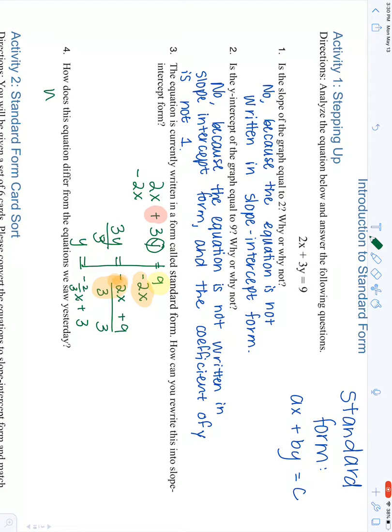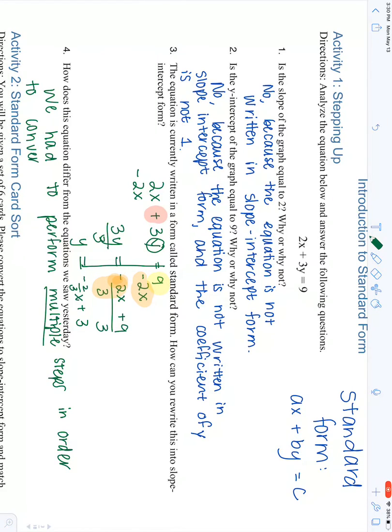So we had to perform multiple steps. That word's important, multiple steps in order to convert this equation to slope-intercept form.